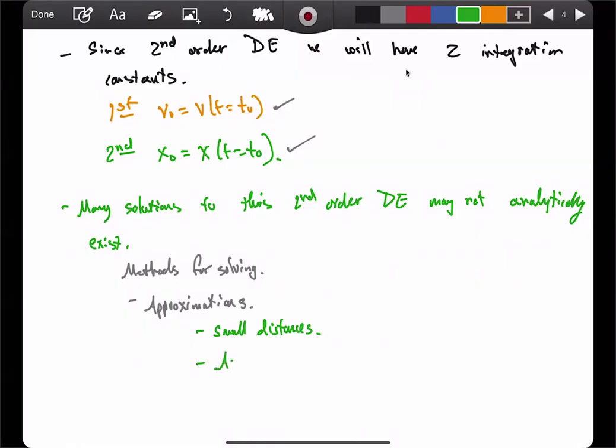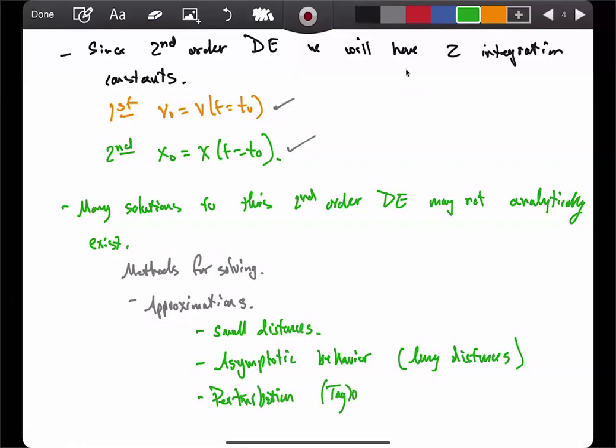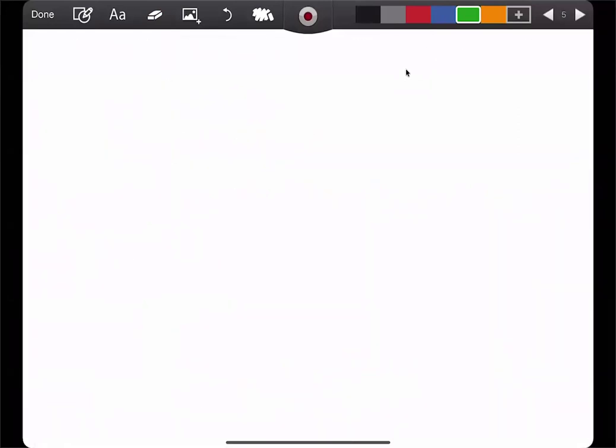Another one is we can look at the asymptotic behavior, which basically means that we're going to go really far away, i.e. long distances. We can also do perturbation theory, which basically means that we're going to do a Taylor series expansion about some sort of small parameter. And then by taking higher and higher order terms, that gives us more and more detail on what's actually happening in those cases. So those are approximation methods.